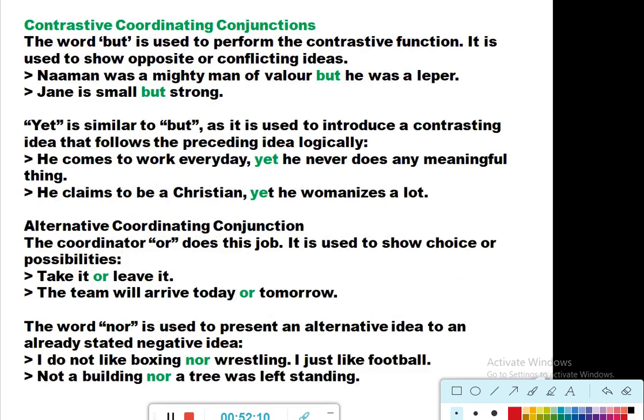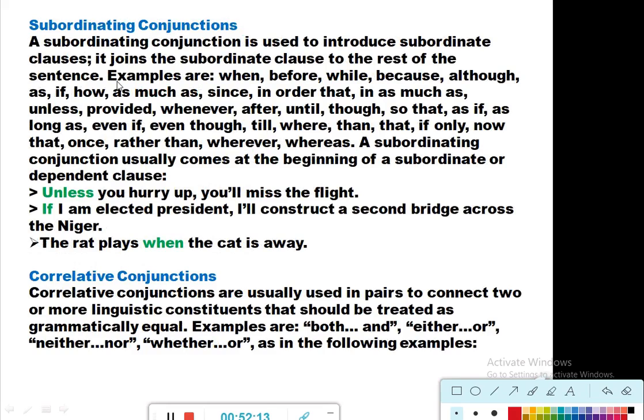Alright, so let's look at examples: when, before, while, because, although, as, if, how, as much as, since, in order that, inasmuch as, unless, provided, whenever, after, until, though, so that, as if, as long as, even if, even though, till, where, than, that, if only, now that, once, rather than, wherever, whereas. All these are subordinating conjunctions.